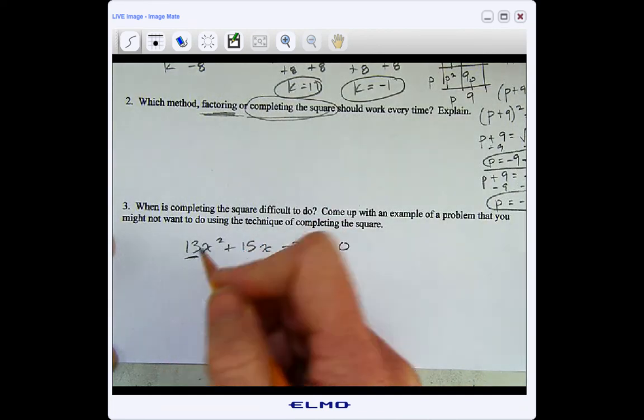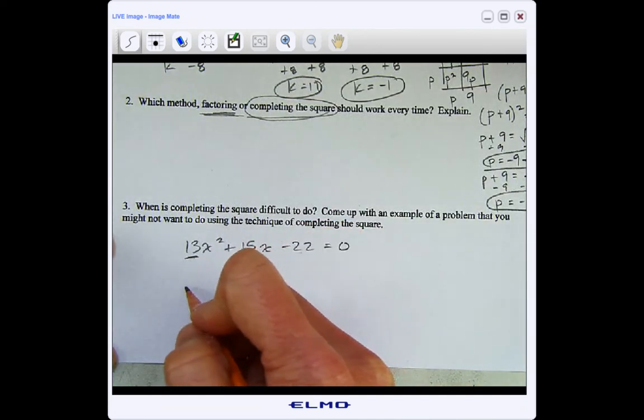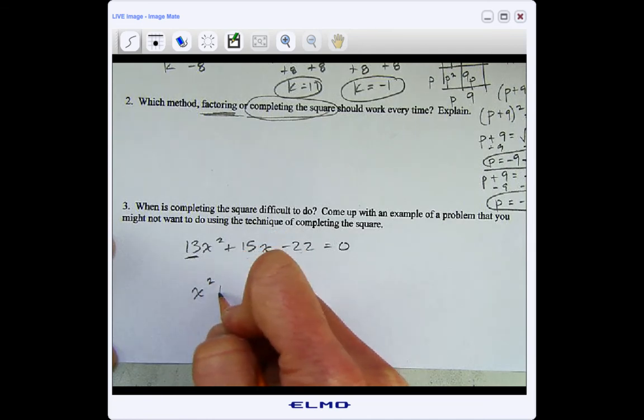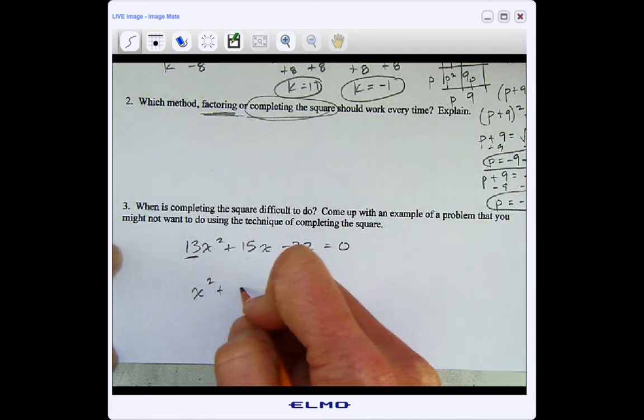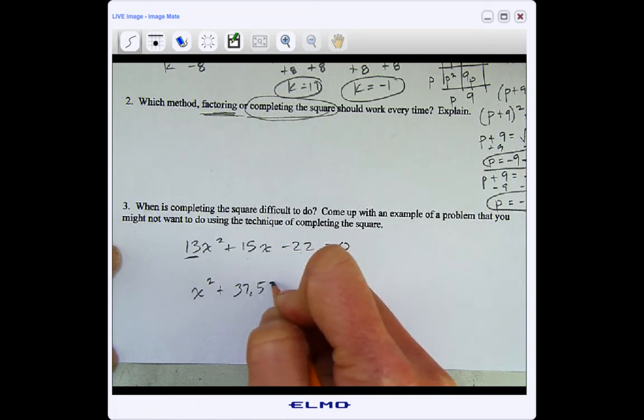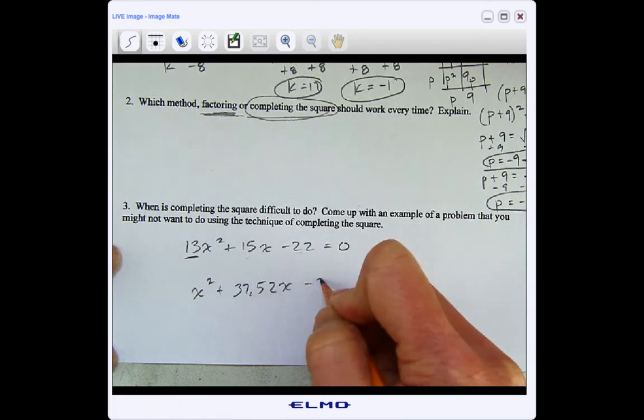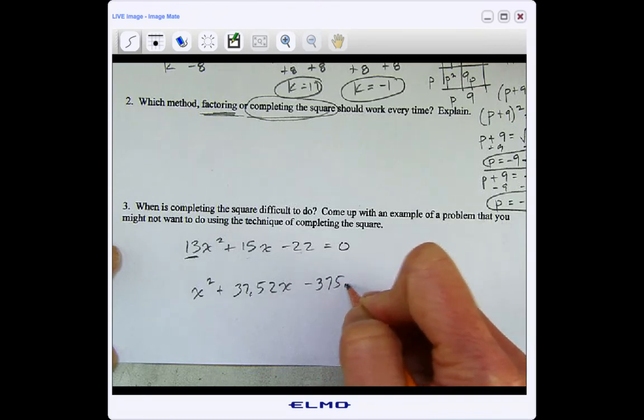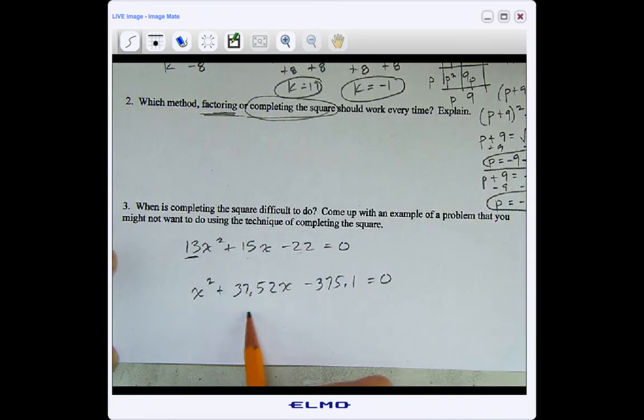If you have decimals, it might be messy. So even if my a value is 1, if this is, say, plus 37.52x minus 375.1 equaling 0 or something, I have to start by splitting that and then squaring that and then figuring out what that extra part is.